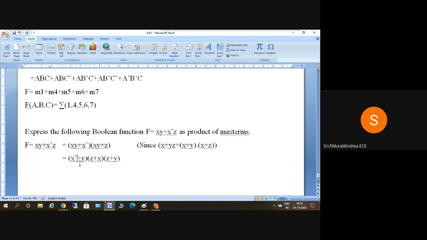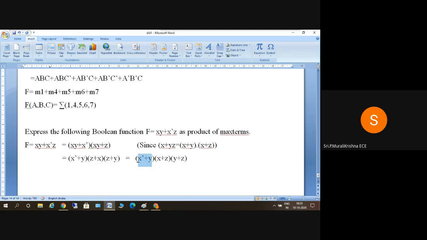Okay, so this is x bar plus y, x plus z, and y plus z.